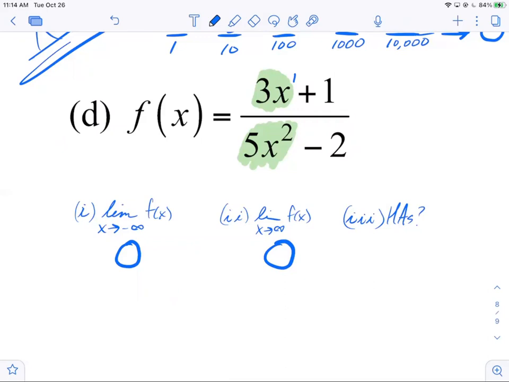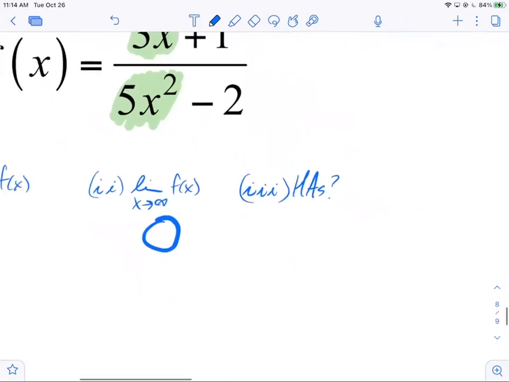Yeah, 0 is finite. So guess what? F has a horizontal asymptote at y equals 0. One asymptote, like the graph of 1 over x, but it affects the graph on both ends, okay?